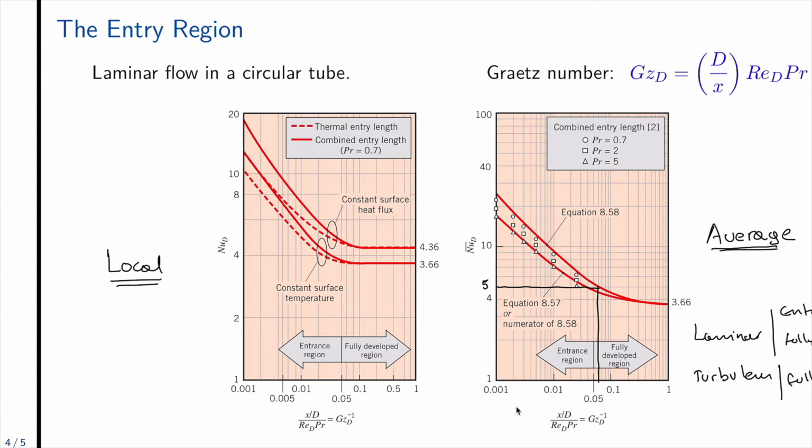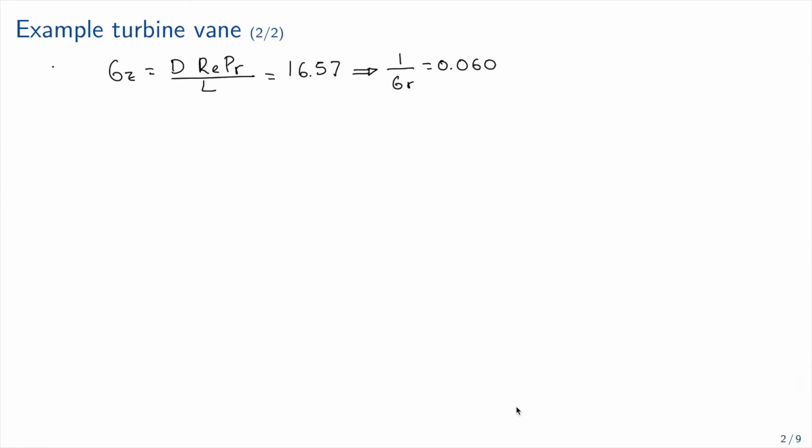Now we have to go with this value to the graph. So we have 0.060, which I already highlighted in this point, and we have to move to the plot corresponding to 0.7 Prandtl, which is approximately the top one, and with that one we move to the left and we obtain that Nusselt is approximately equal to 5.